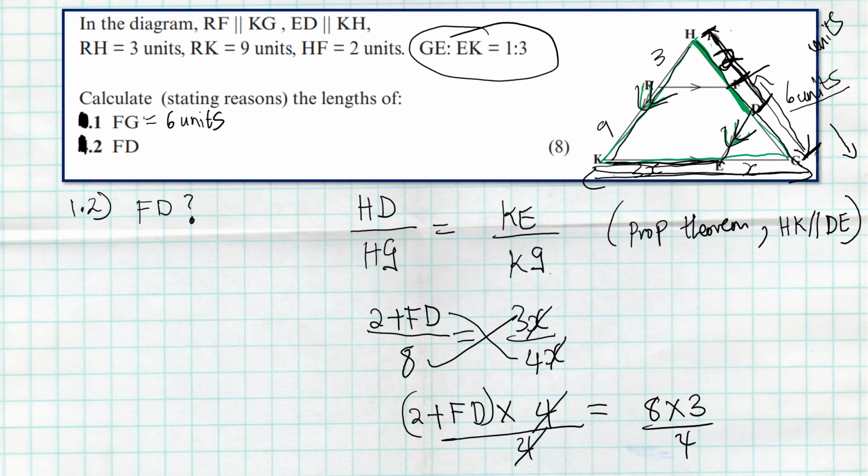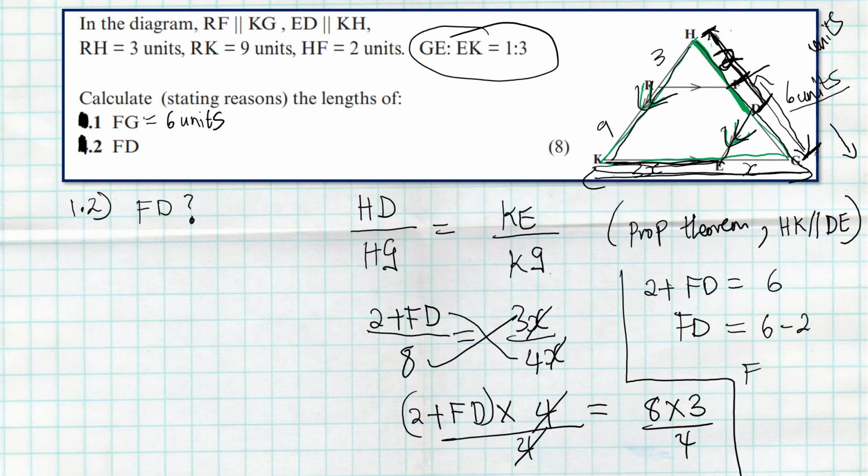We'll have 2 plus FD equal to 6, since 8 divided by 4 is 2, and 2 times 3 is 6. So to solve for FD, we take 2 to the other side, 6 minus 2, and our FD will be equal to 4 units. You can see your FD now is 4 units.